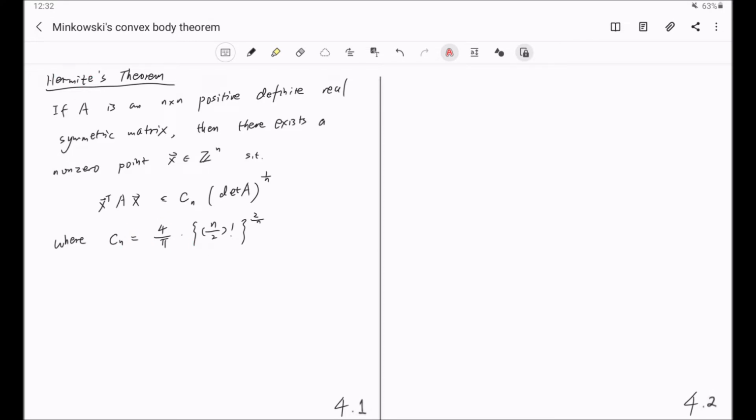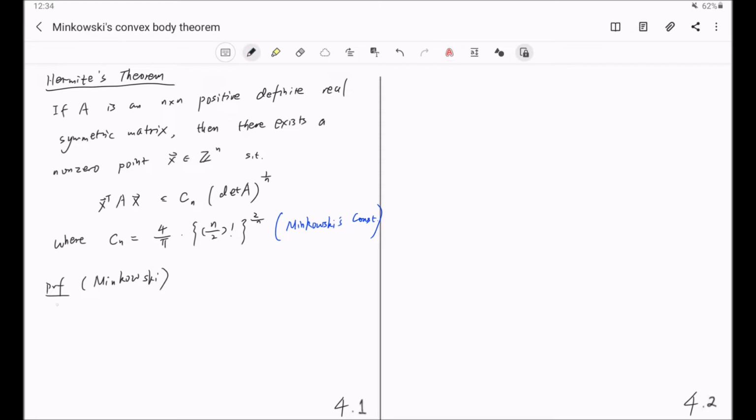Hermite gave another constant. I'll talk later about the comparison of Minkowski's constant and Hermite's original constant. So here's the proof due to Minkowski, as a corollary of his convex body theorem.